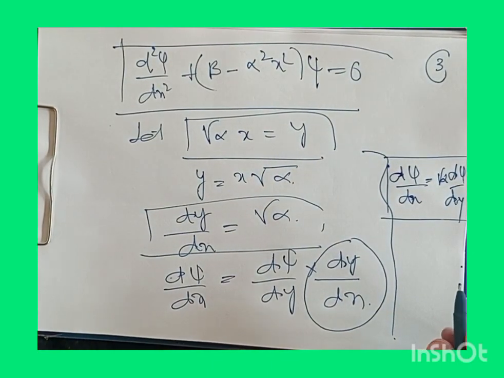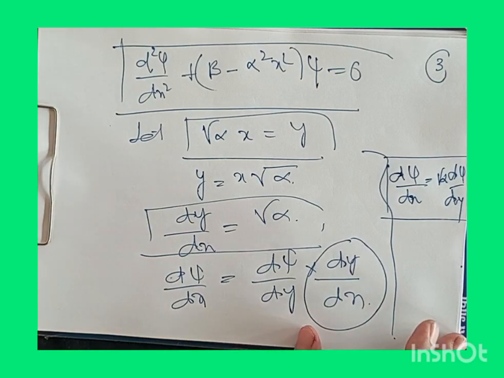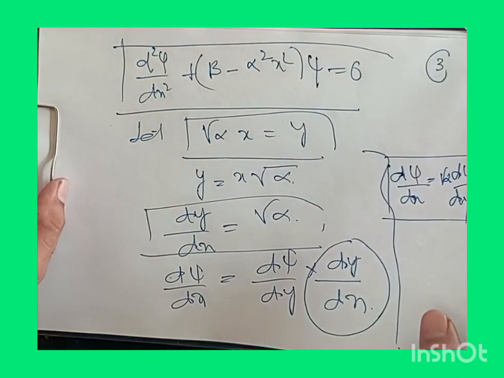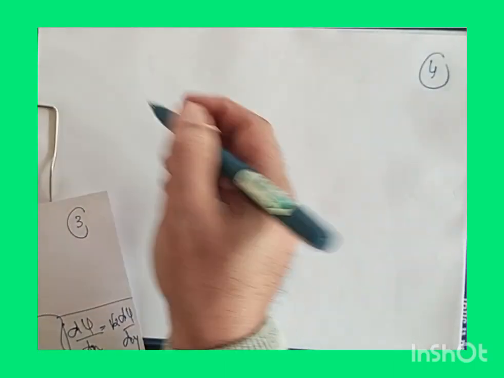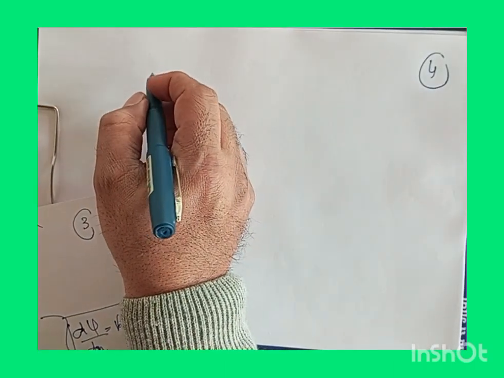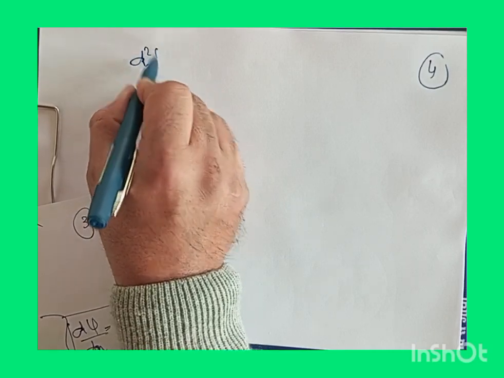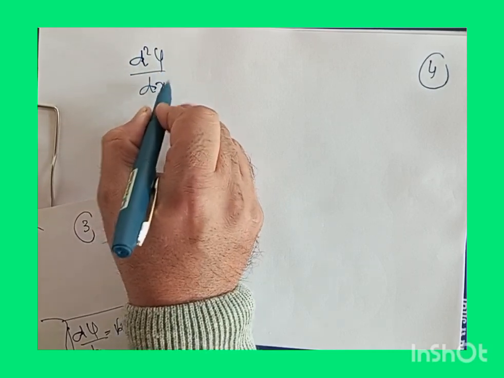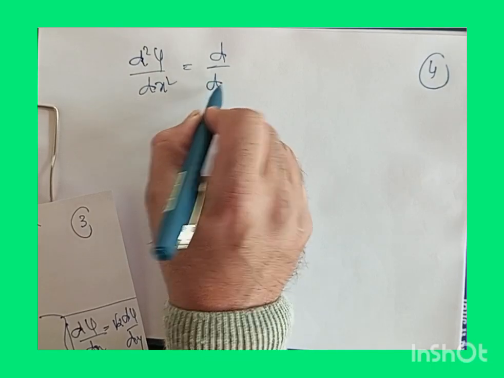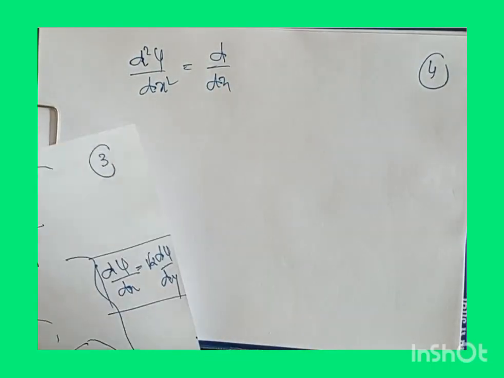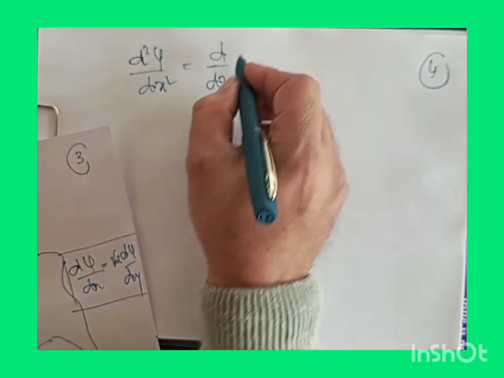And I can immediately look for the double derivative of this psi. I will call this 4, and I would like to go for the double derivative of this psi. So what I will have is d2 psi by dx2. I can write d by dx of d psi by dx.